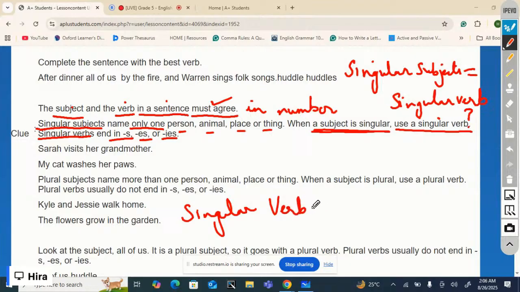Singular verbs end in s, es, or ies. So remember this, singular verbs end in s, es, or ies.